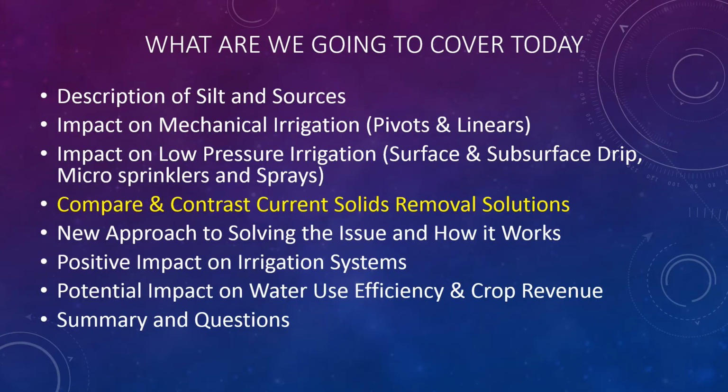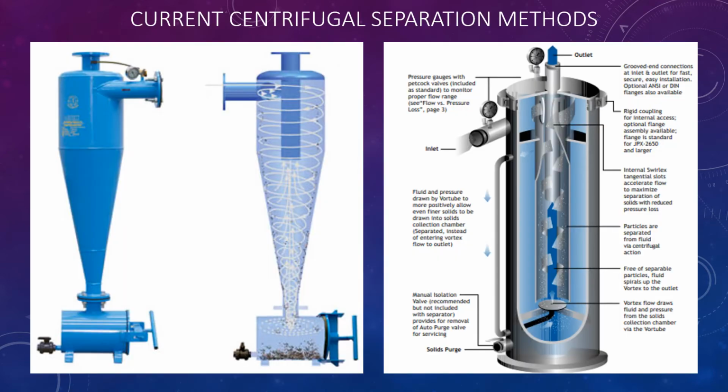So next we'll compare and contrast current solids removal solutions to a new solution that we're going to learn more about later on in this presentation. So these are the two basic main solutions that are available in the marketplace today. This is a simple hydrocyclone. The water comes in, it gets spun around, the solids fall to the bottom, and the clean water comes out the top.